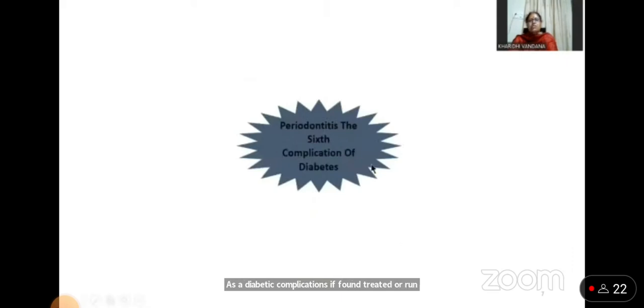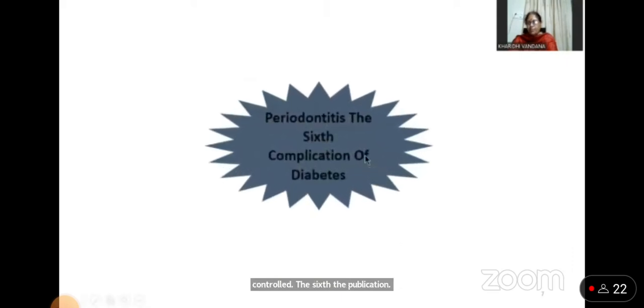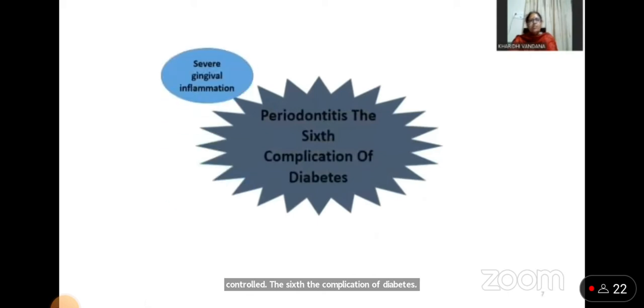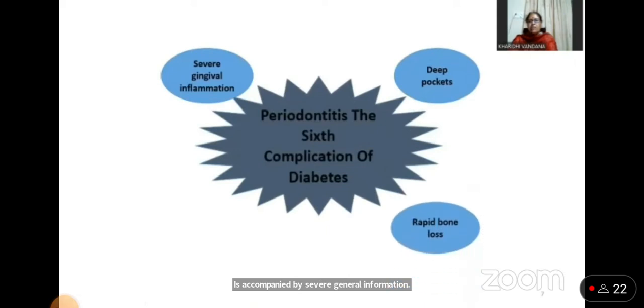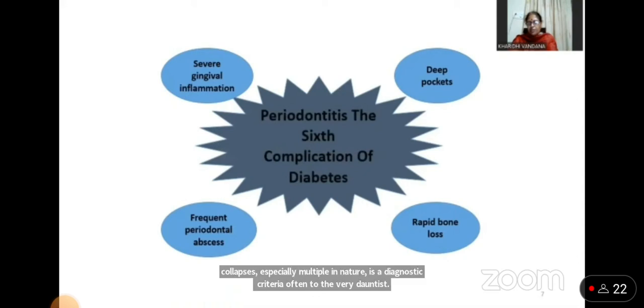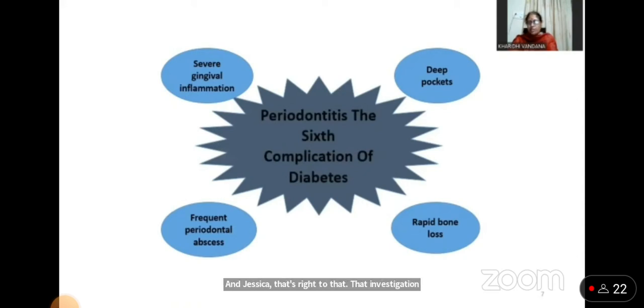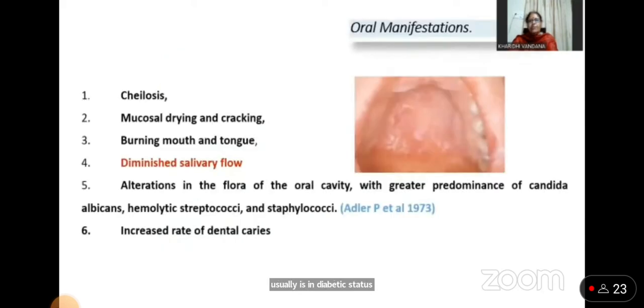The sixth complication of diabetes is accompanied by severe gingival inflammation, deep pockets, rapid bone loss, and frequent periodontal abscess, especially multiple in nature. This is often a diagnostic criterion for the periodontist, and referral for blood investigation usually results in a diagnosis of diabetic status, which is unknown to the patient.